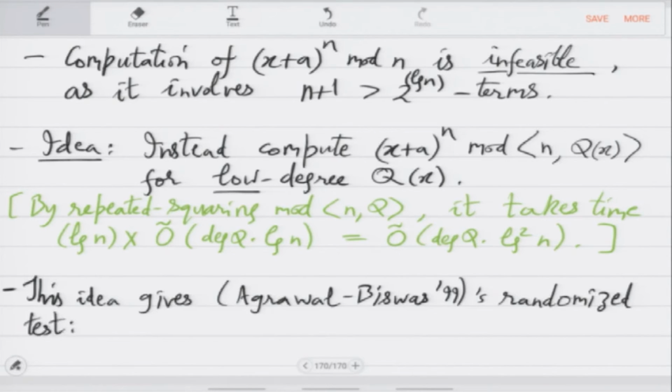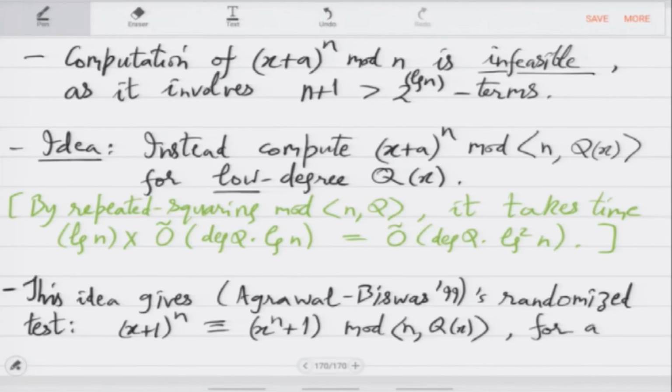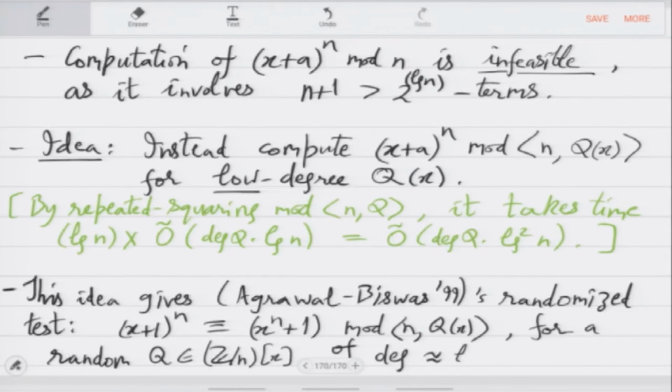So what it does is that it just checks whether (x + 1)^n is the same as x^n + 1 mod (n, q(x)), for a random q(x) of degree around log n.